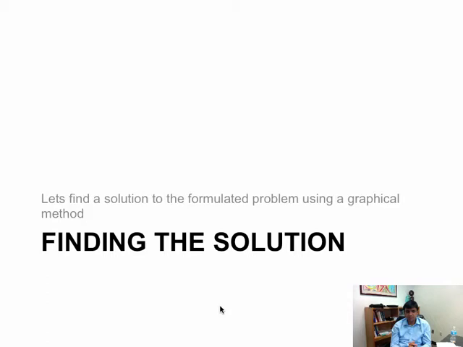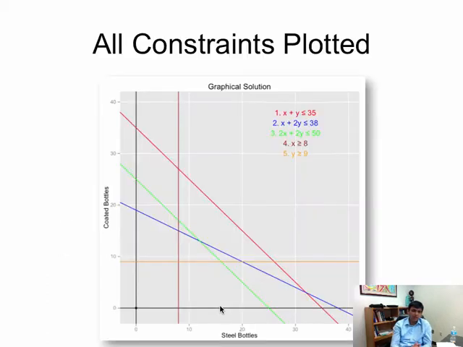The next step, we'll find a solution with the graphical method, and the method is still the same. For each of the constraints, we plot those lines after converting them into equalities. So our red line is constraint 1, x plus y is less than or equal to 35, or the line is x plus y equals 35.